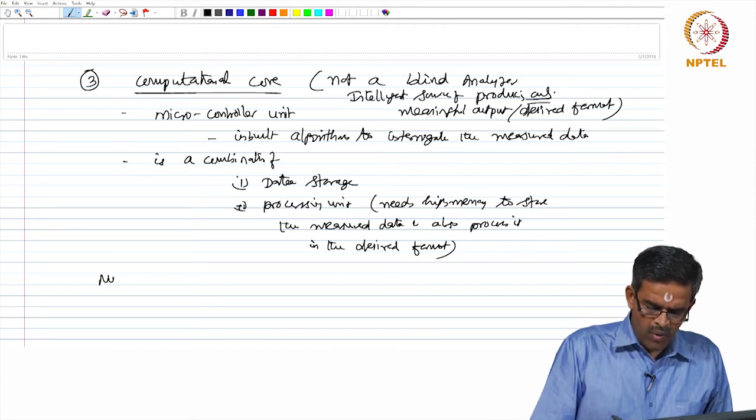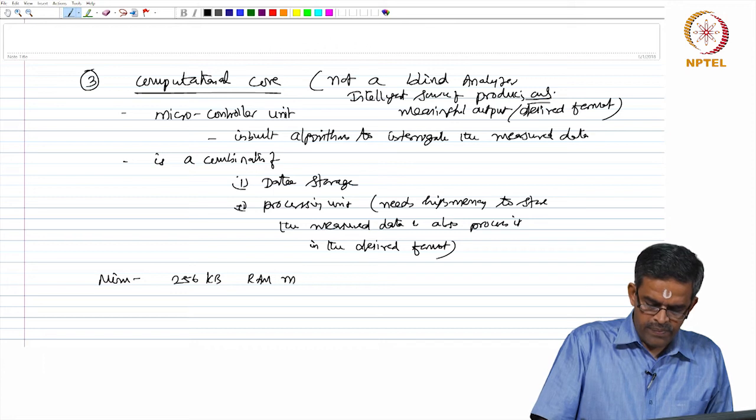So the minimum requirement of the system could be 256 KB RAM memory. We are talking about the lab scale, gentlemen.